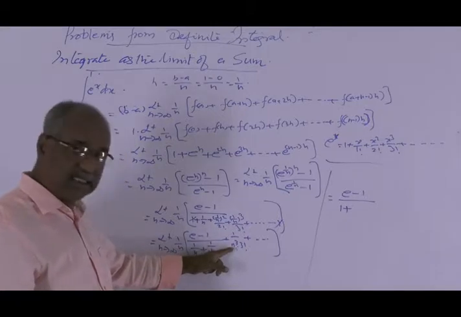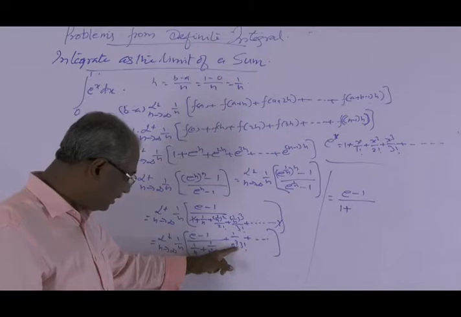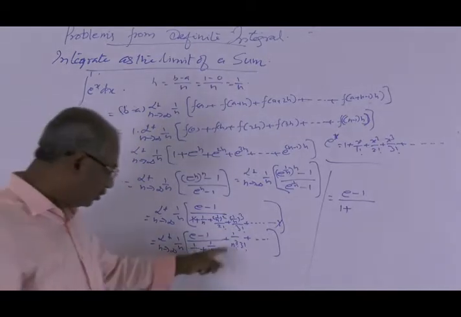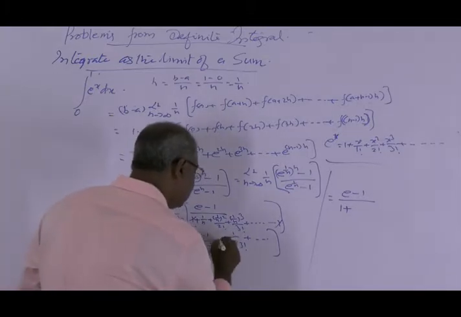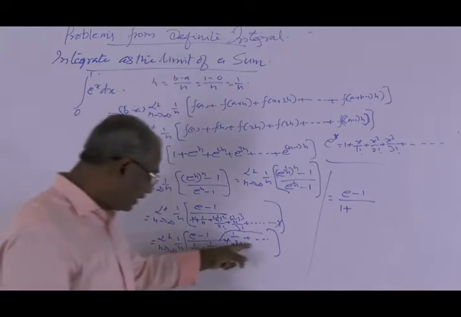Similarly, here also there is n squared in the denominator, so this term will become 0, plus etc.